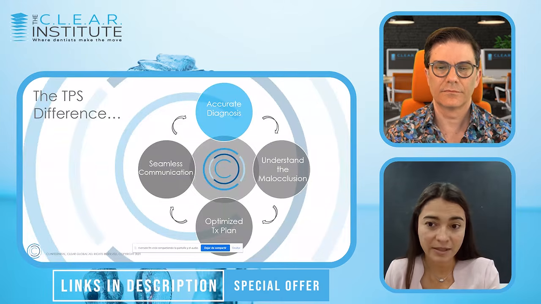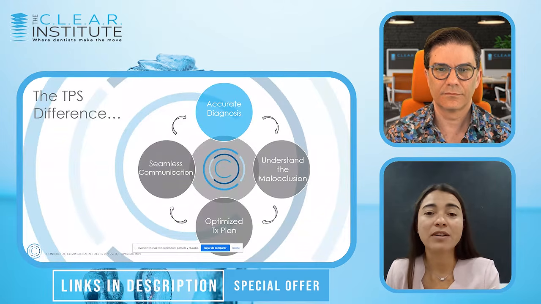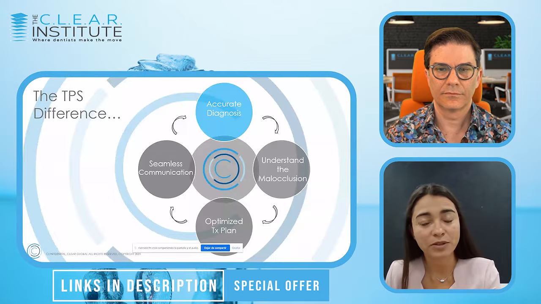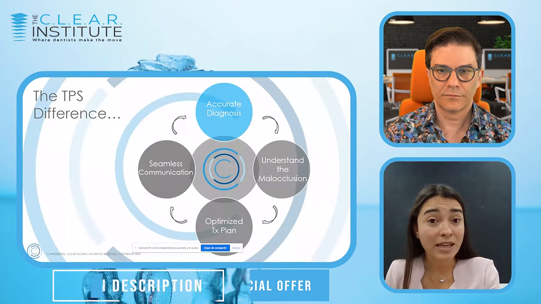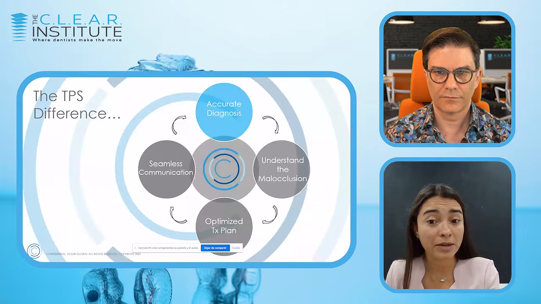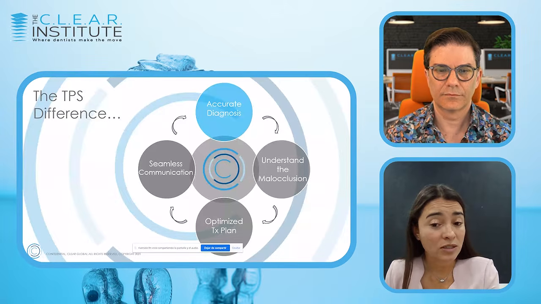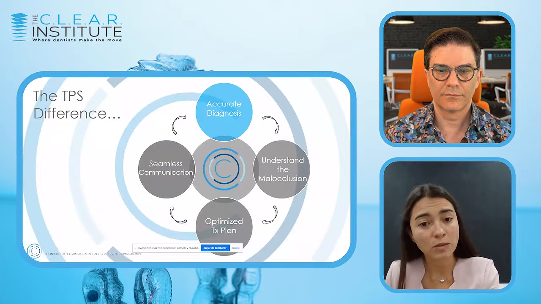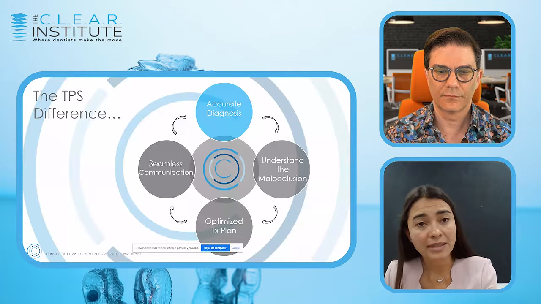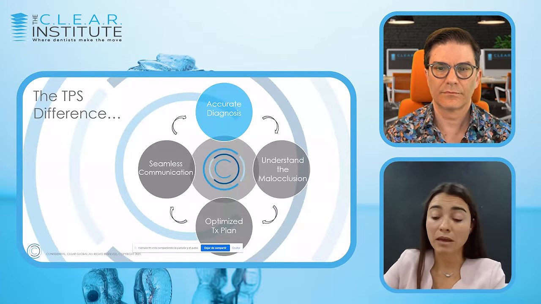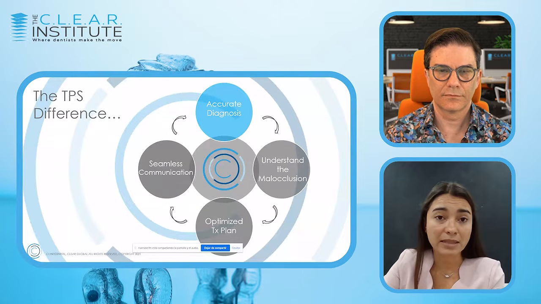What are the underlying causes of this malocclusion? Because once you understand why your patient has a certain situation, then you are empowered to make better decisions. With these decisions, we do an optimized treatment plan. We change whatever movements need to be changed, and we communicate this seamlessly between the doctor and the technician, making it a very fast experience that doesn't affect the process at all.